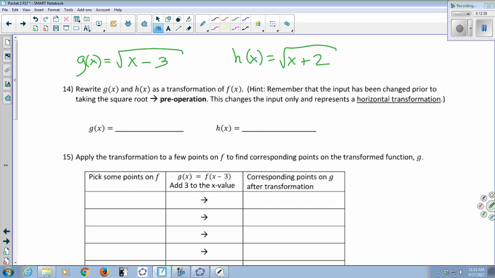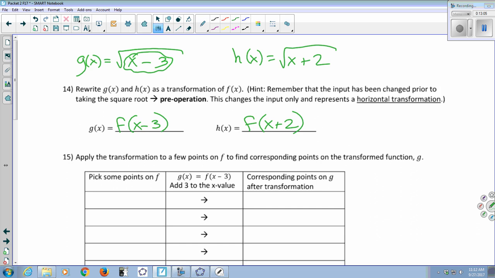So before I was doing f of x and then plus or minus a number. But now what's happening is you're changing the x value. So this is going to be f of x minus 3. So I have to change the x so that that minus 3 will go under the square root. I need to put it in the parentheses. Same for the h of x. So h of x is f of x plus 2.